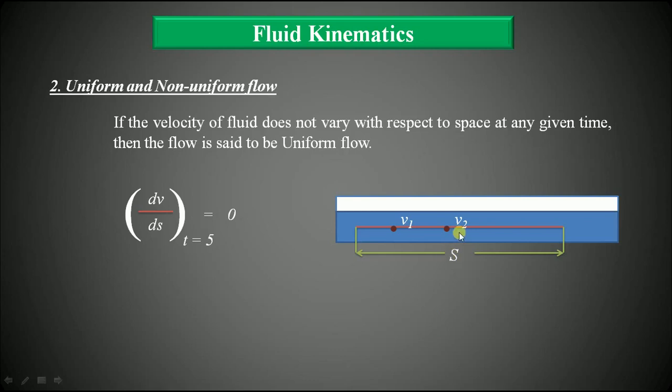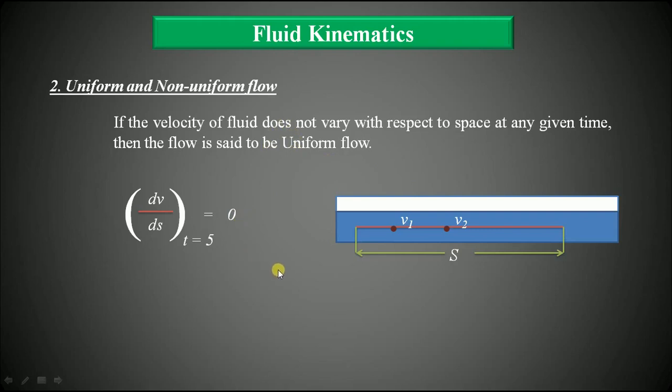So up to this particular length, if these two velocities are maintained as same values, then the variation will become 0. That means there will be no variation in the velocity. In that condition we can say that the flow is uniform flow. Whenever you consider a particular space of a particular length, if the property, that is the velocity, is maintained as constant, then the flow is said to be uniform flow.